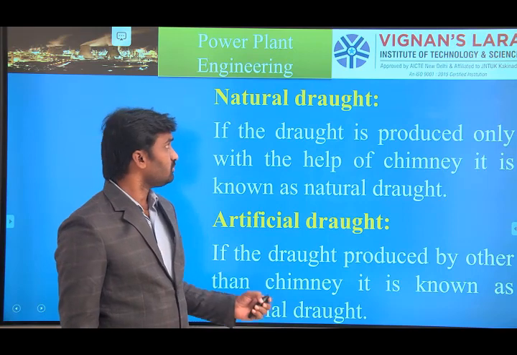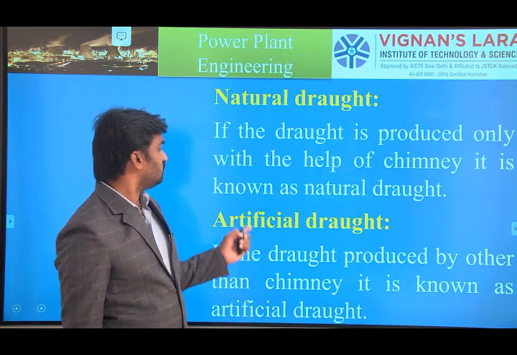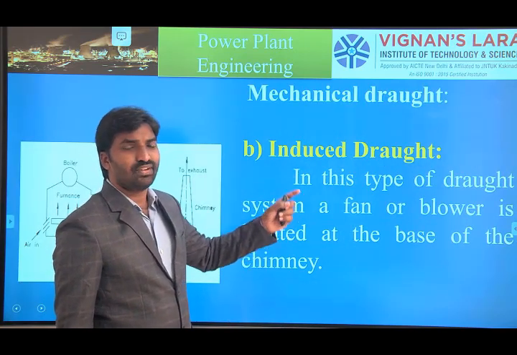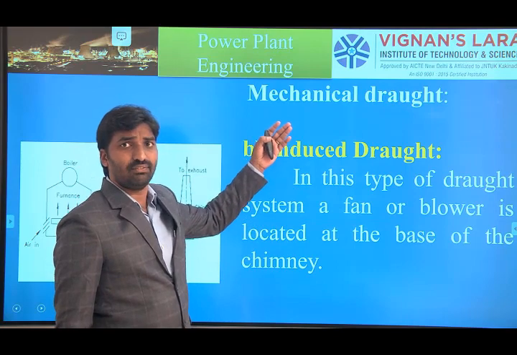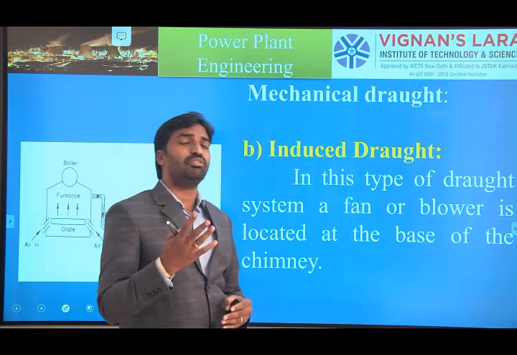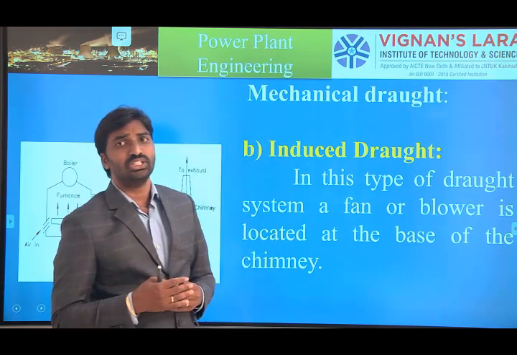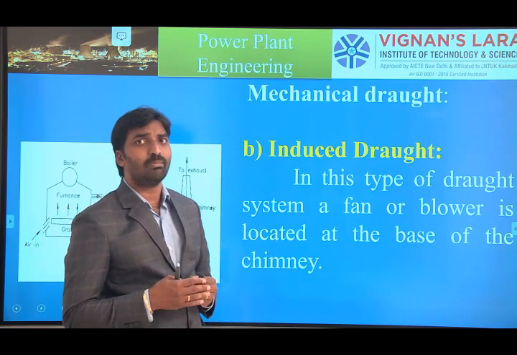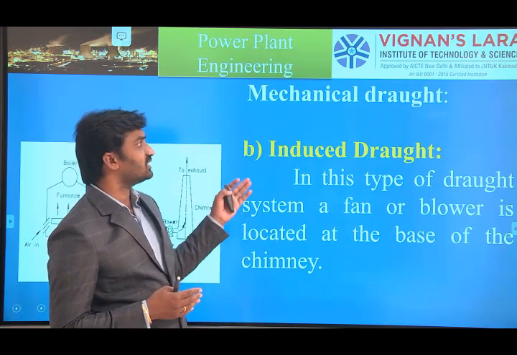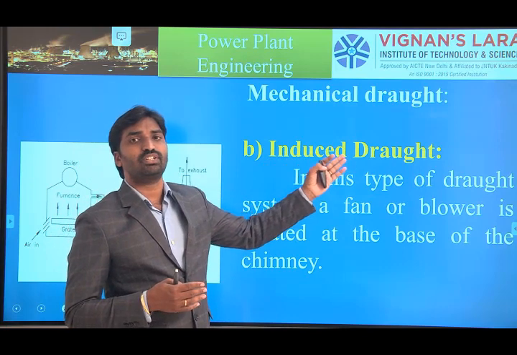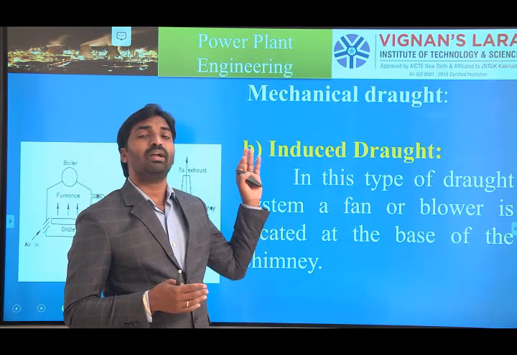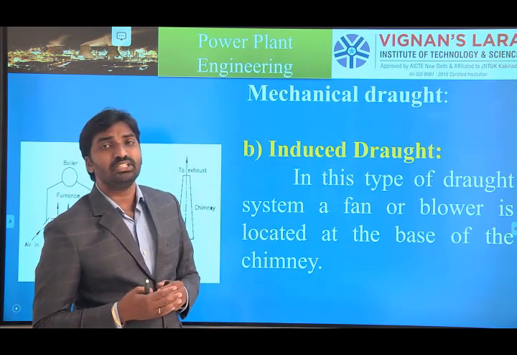Coming to the artificial draft, the first one is the mechanical draft. In a mechanical draft we have three types: one is the induced, second is the forced, and third is the balanced. First we would like to discuss the induced draft system in the mechanical type. What is meant by induced draft system?